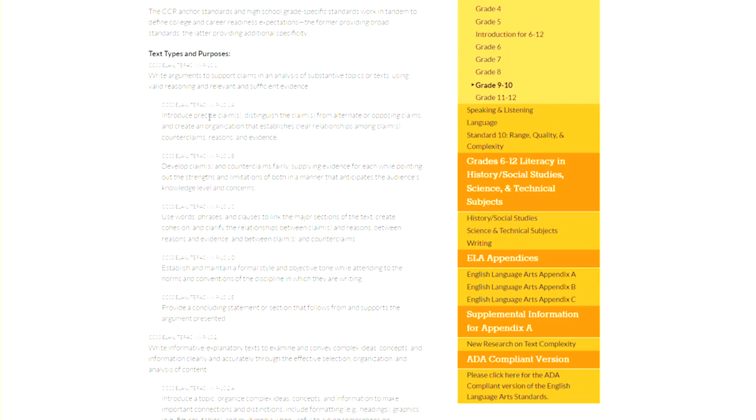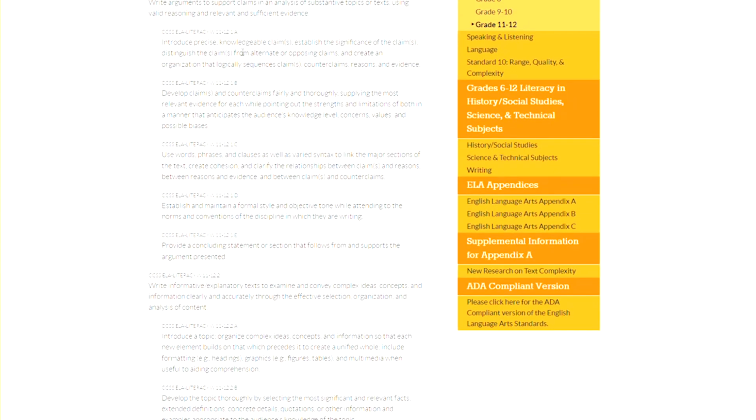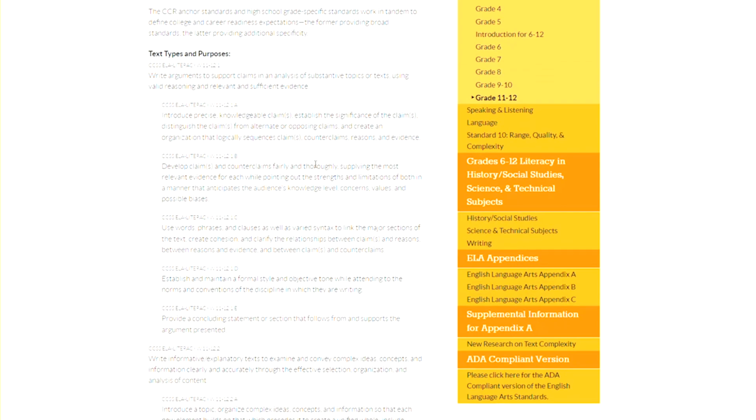So we see some of that right here: precise claims, distinguish it from opposite or opposing claims. We need to, sorry, that's 9th and 10th. We see here at 11th and 12th grade that we establish the significance of the claim. We're, of course, anticipating the audience's knowledge level and concerns, values, and biases. The language of the standards is reflected in our rubric.